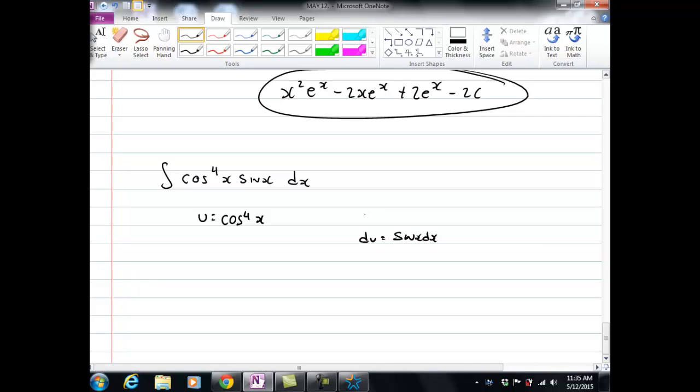You want v equal to negative cos x, and you want du equals 4 cos cubed x times negative sine x dx. Now you try to use integration by parts. So what the heck is going on? This method is wrong.